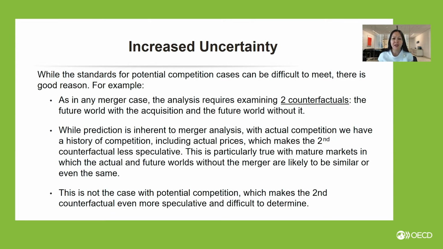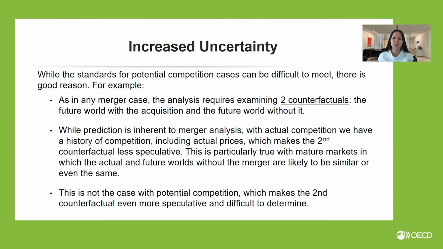So many say that, wow, these standards are difficult to meet, and they can be, but there's a good reason. For example, as in any merger case, the analysis requires examining two counterfactuals, the future world with the acquisition and the future world without it.